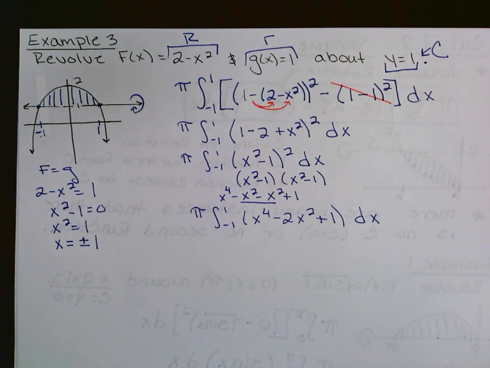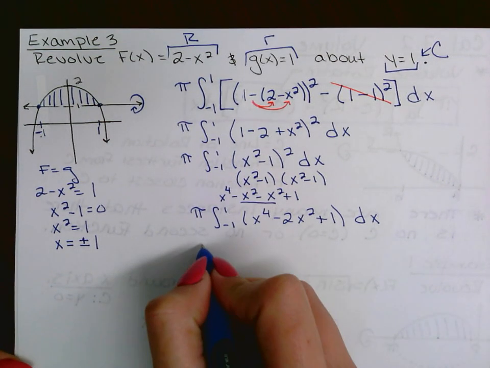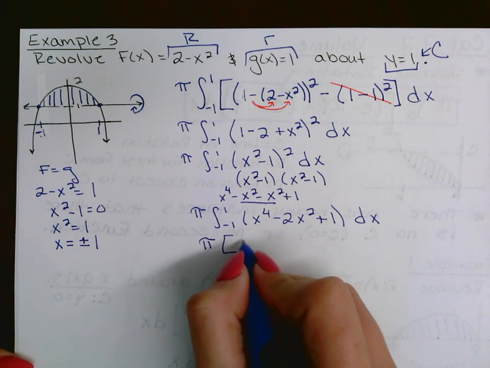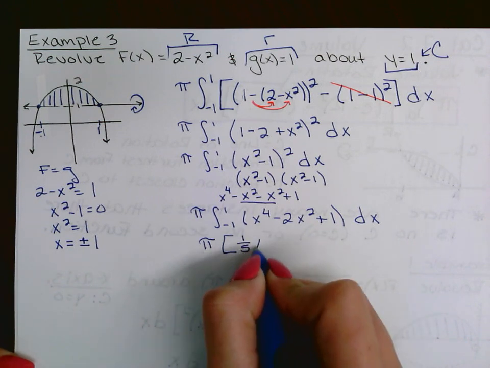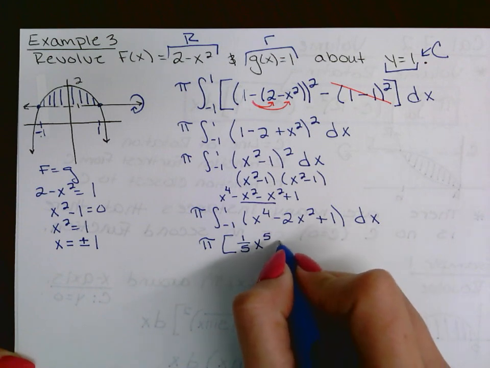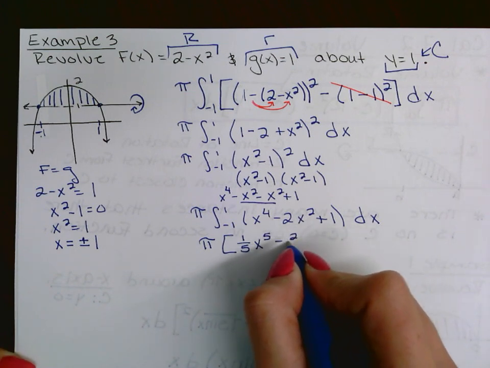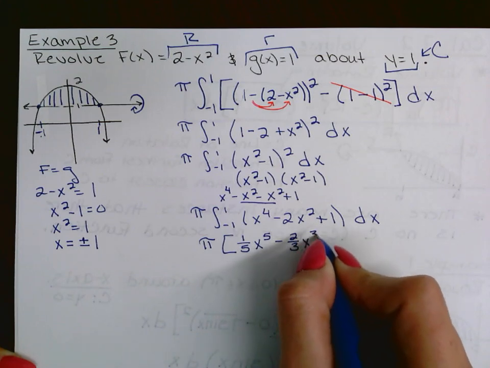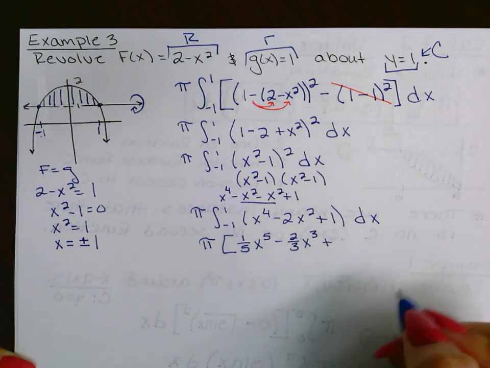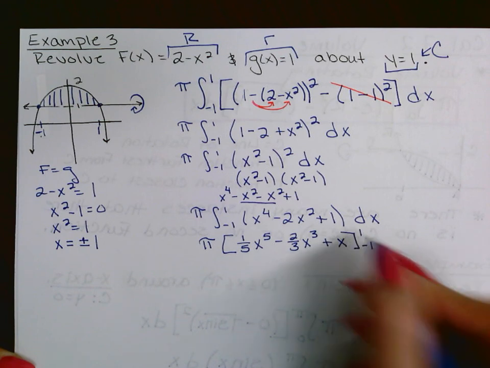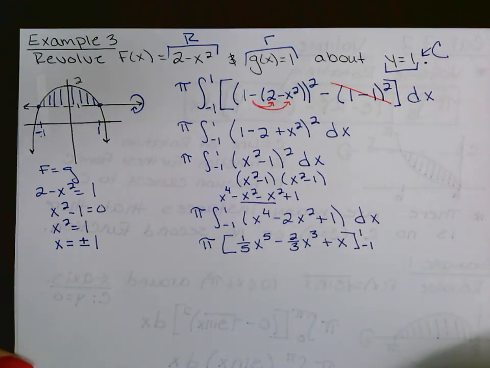Okay, so now comes the easy part, the calculus. Bring down my pi, antiderivative of x to the 4th. Good, antiderivative of 2x squared. And antiderivative of 1. And this goes from -1 to 1. Okay?